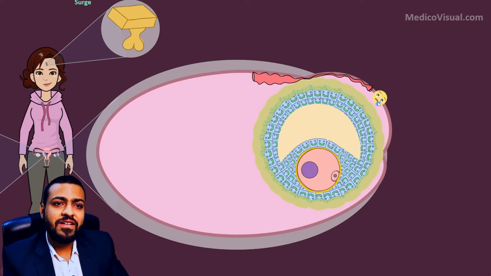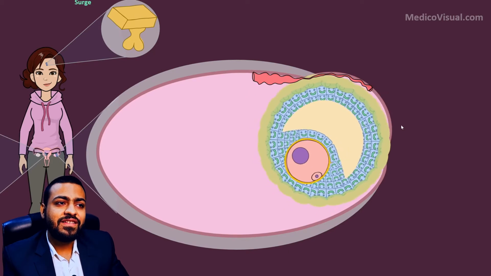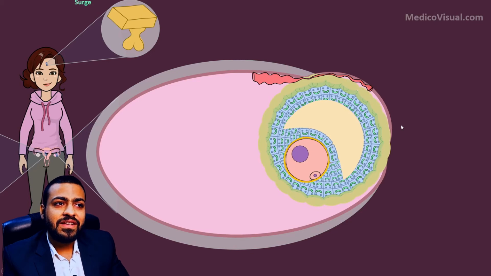It is now a weakened wall. Then what will happen? All this is due to LH and the LH surge, right?